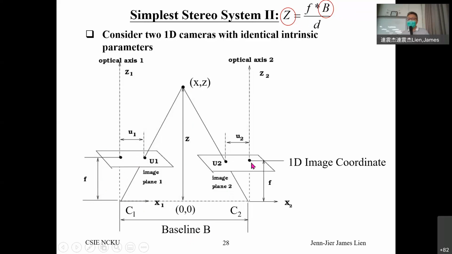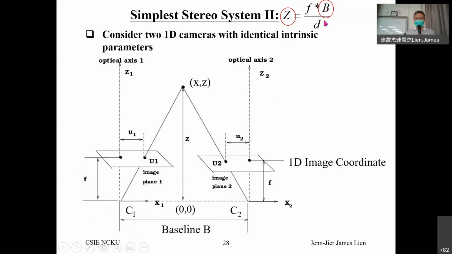Usually when you design a stereo system with two cameras, you will use the same brand of camera, otherwise sooner or later you will have trouble. Usually the same camera and the same lens, so F will be similar, almost the same. You design B, you design F.